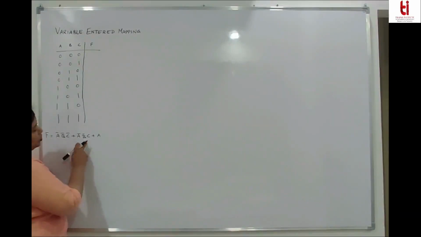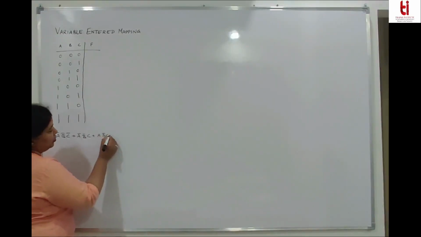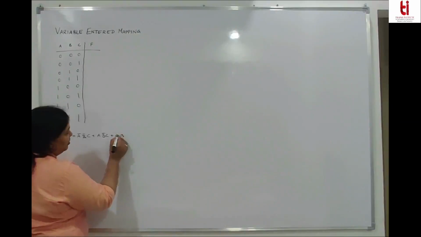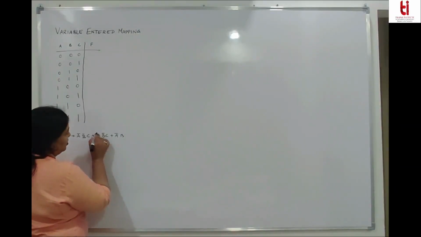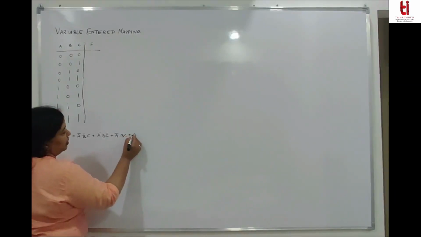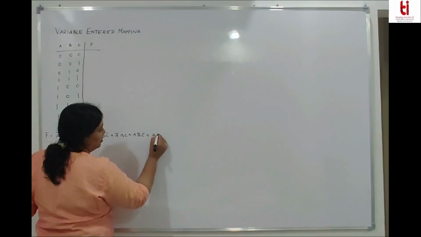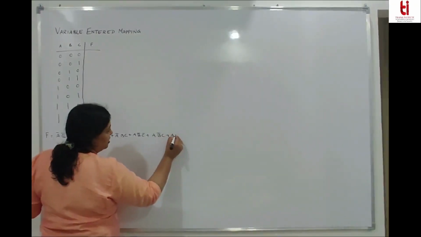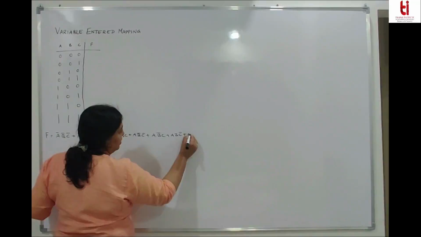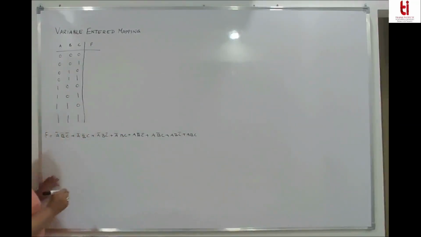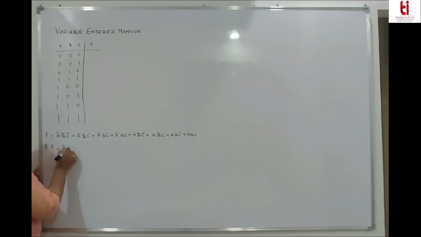0, 0, 0, 0, 0, 1, 0, 1, 0, 0, 1, 1, 0, 1, 1, 1, 0, 0, 1, 0, 1, 1, 1, 0, 1, 1, 1. This is how you represent a function f. So if you AND f with f, you will get a term like this.